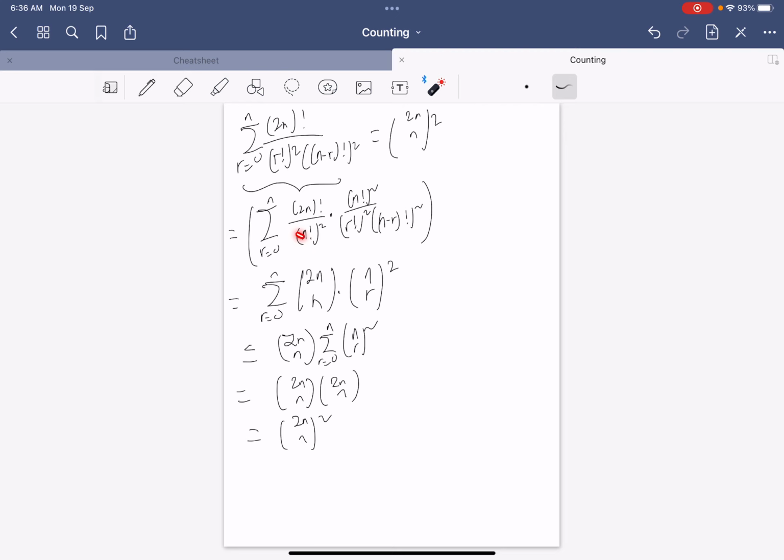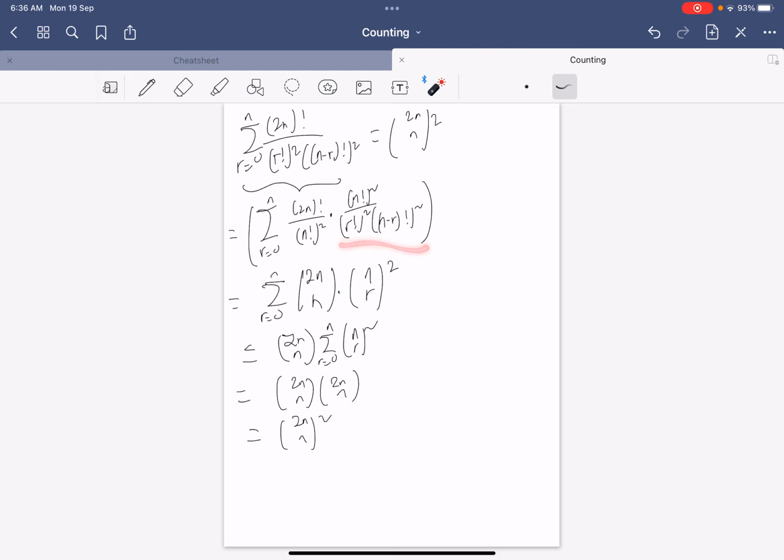So we divide by n factorial squared and we need to multiply by n factorial squared, and we can split the numerator and denominator originally into this. 2n factorial over n factorial squared is the same as 2n factorial over n factorial times n factorial, and the other n factorial you can think of as 2n minus n factorial. So that is just 2n choose n.